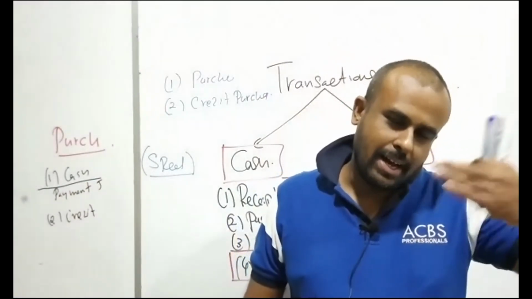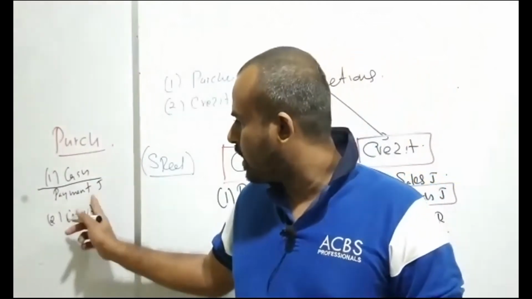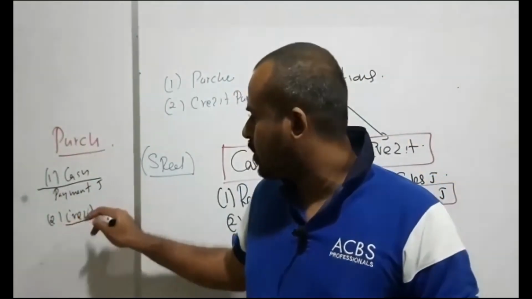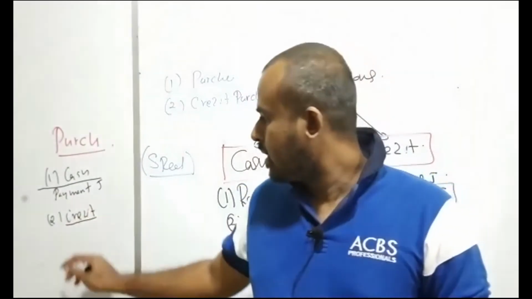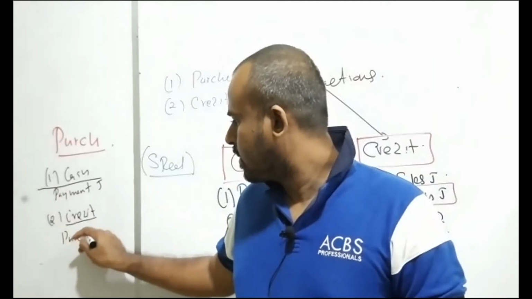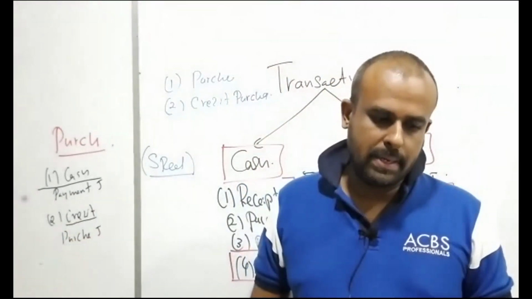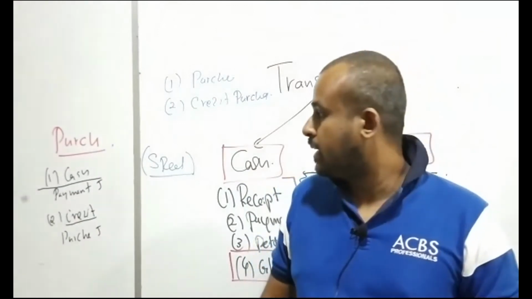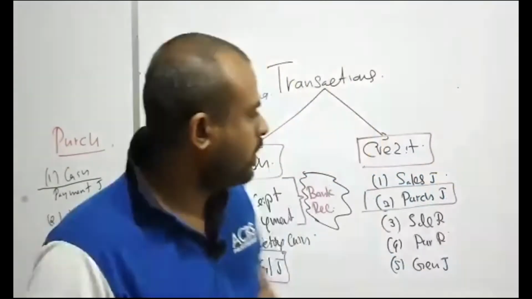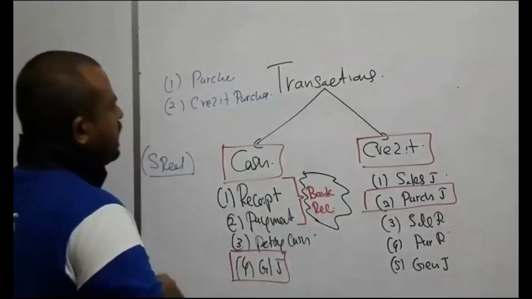If you pay money and purchase stock, it will be recorded in the payment journal. But if you purchase it on a credit basis, then only you record it in the purchases journal. Is that clear? So how do you define the purchases journal?